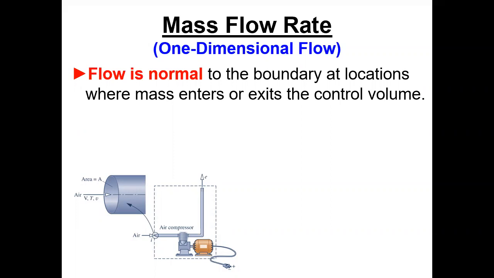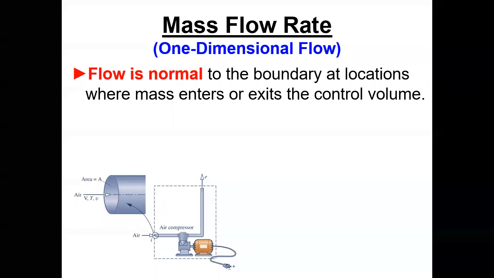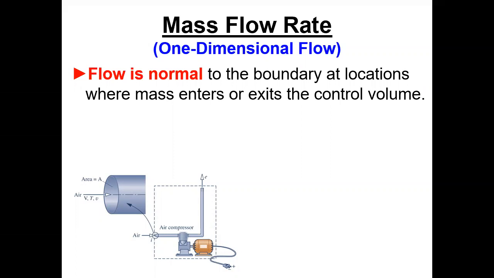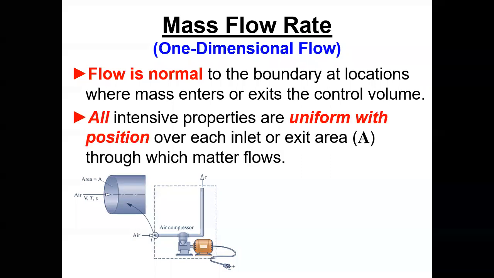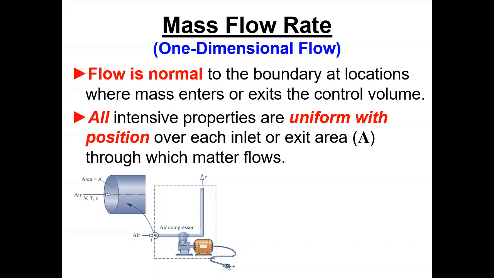So we're going to take that normal component of velocity if we're going to use a velocity times an area to calculate a volume flow rate. All intensive properties are uniform with position, so they can change, but at a particular position, they are uniform.